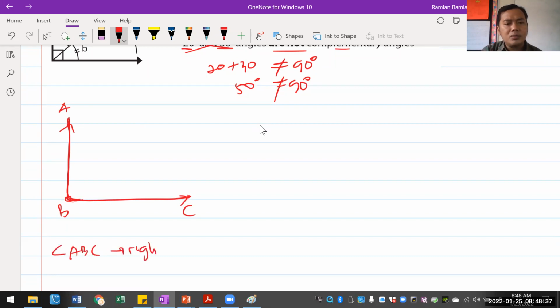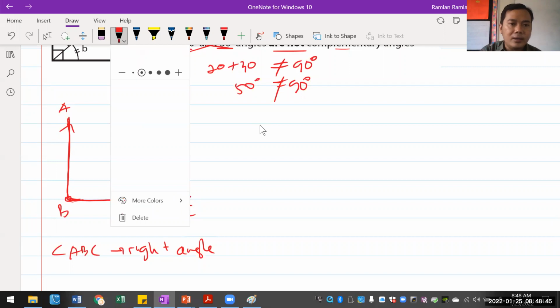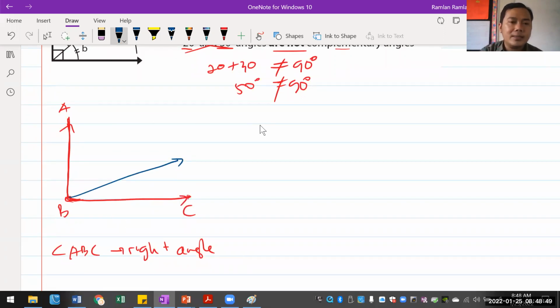And as you remember, guys, a right angle is a 90 degree angle. So let's say I'm going to divide it like that. Let's say I know that this is 25 degrees. And let's say I have this as x degrees. Question: what is the value of x?